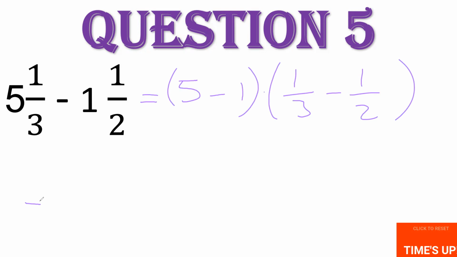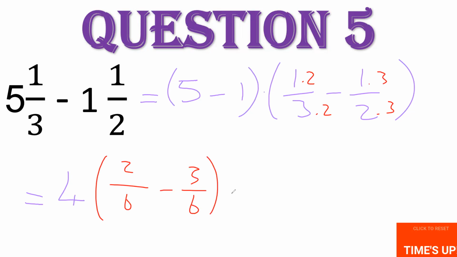5 minus 1, we are going to get 4. And 1/3 and 1/2, as you know, we must make the denominators equal. 3 and 2, times by 2, times by 3: 3 times 2 is 6, 2 times 3 is 6. So I can write 2/6 minus 3/6. And 4, and as you see, I'm getting negative 1/6.